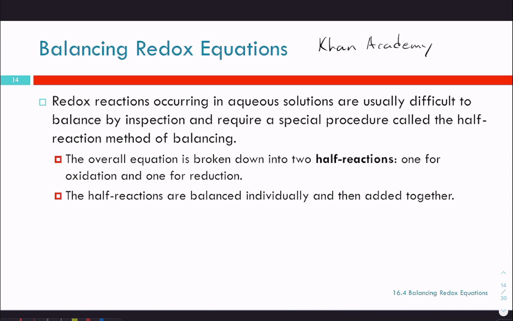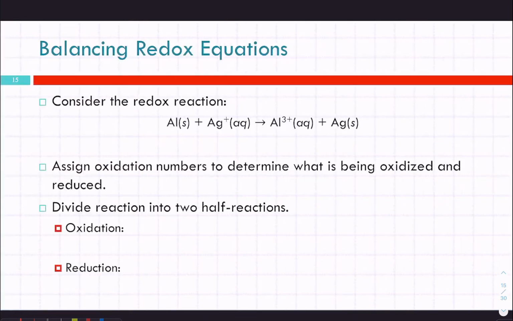So you identify the oxidation and the reduction in the reaction, and you break those apart. And so we'll balance the oxidation and the reduction separately. And then we can add those equations back together. So based on this redox reaction, you can go through and assign oxidation numbers.